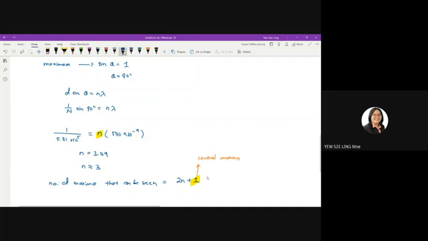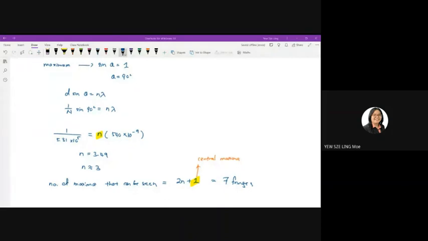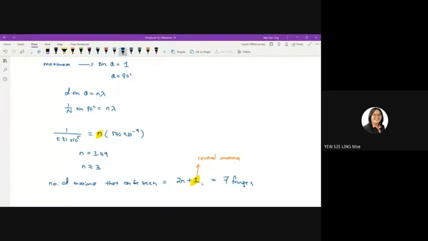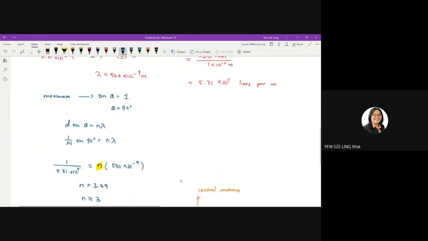Therefore, the total fringes that can be seen on the screen is 7 fringes. Not 3, not 4, but 7. Because you can see 3 above and 3 below. 3 above the central fringe, 3 below the central fringe, plus 1 central fringe. So you have 7 bright fringes on the screen.